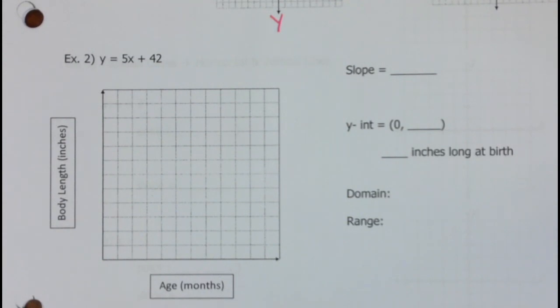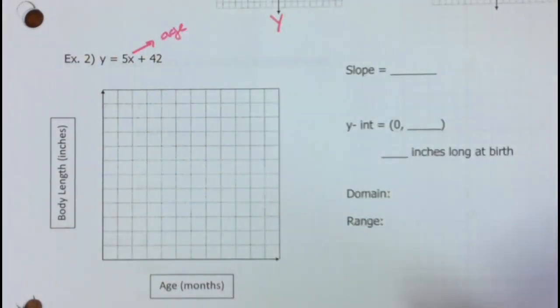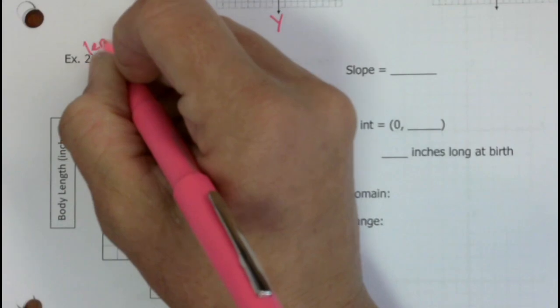Page 91. Okay, yeah, it says the body length y in inches of a walrus calf can be modeled by y equals 5x plus 42, where x is the calf's age in months. So this is the age, and then the whole thing gives you the length.